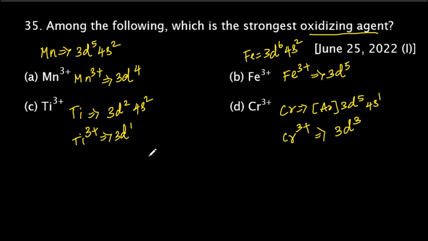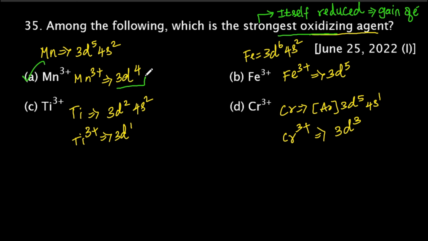In these configurations, you have to check which one easily accepts an electron, because the condition mentioned is a strong oxidizing agent. A strong oxidizing agent is itself reduced. So the species should itself be reduced, and what is reduction? It is gain of electron. So it easily accepts electrons. Out of these, Mn3+ has the configuration 3d4.